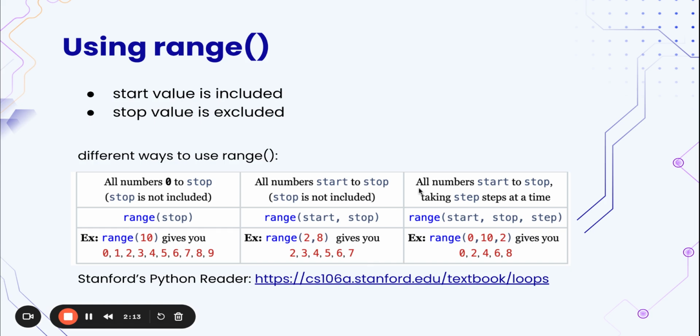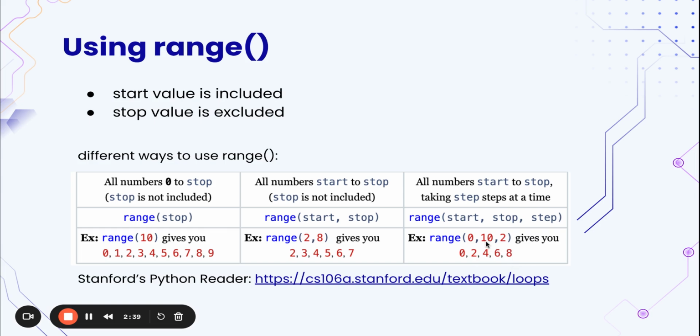For the last scenario, all numbers start to stop, taking steps at a time. So range, start value, stop value, and the step value. So range(0, 10, 2) gives us 0, 2, 4, 6, and 8.